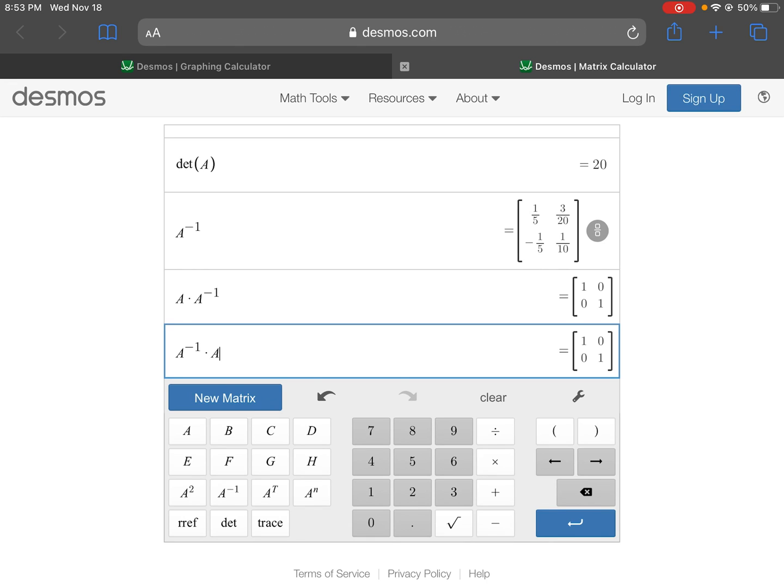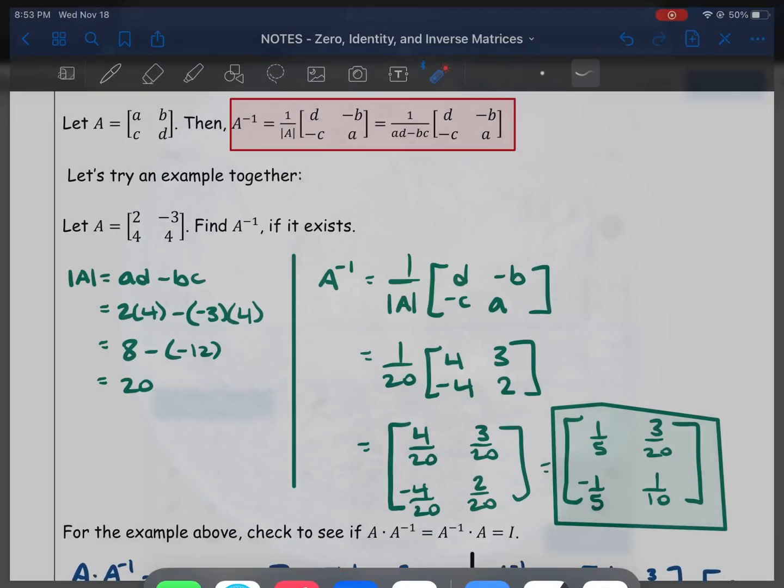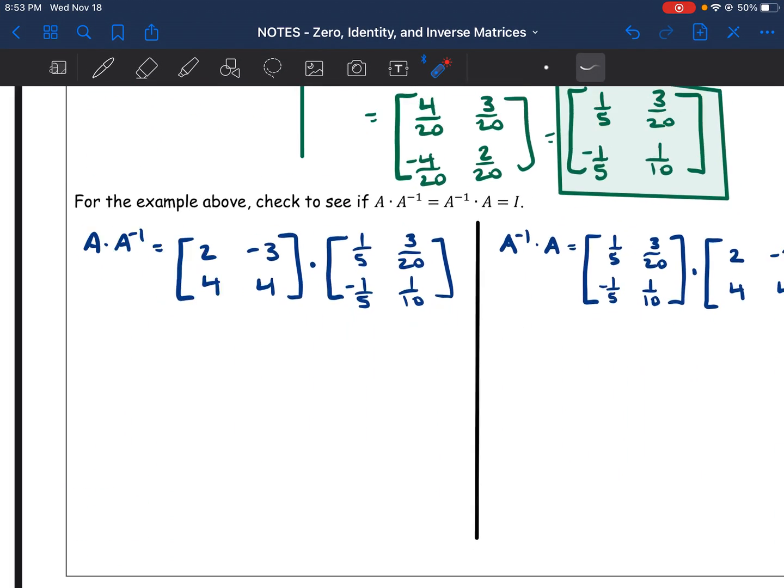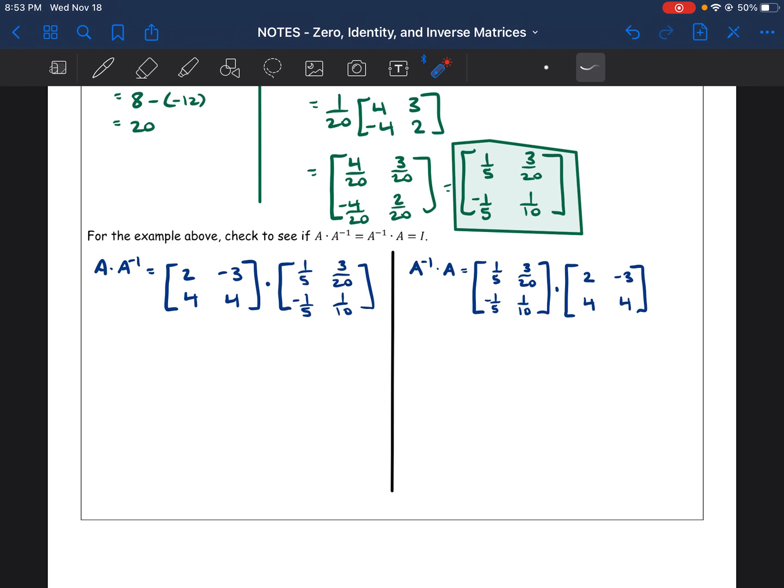What this is showing here is that, first off, our inverse matrix is correct. And that A inverse truly is A's inverse, because multiplying A inverse times A, or A times A inverse, in both cases we get the identity matrix. Now what I did here on the notes that you'll see online is I worked it all out by hand, but we're just going to say we checked it in Desmos.